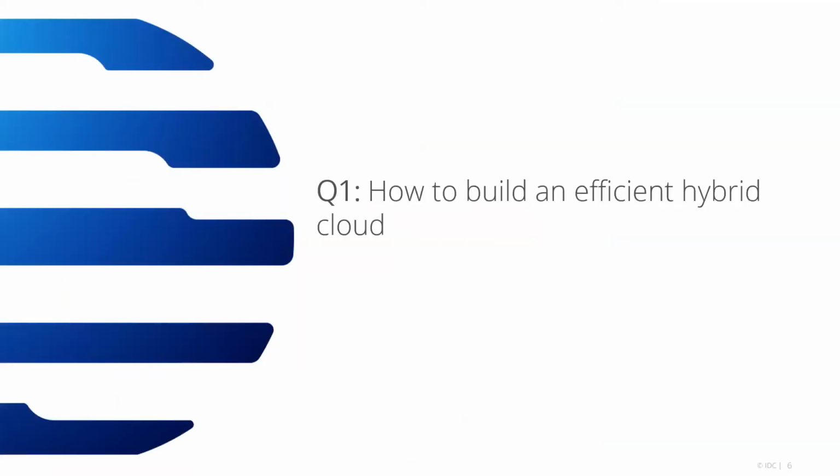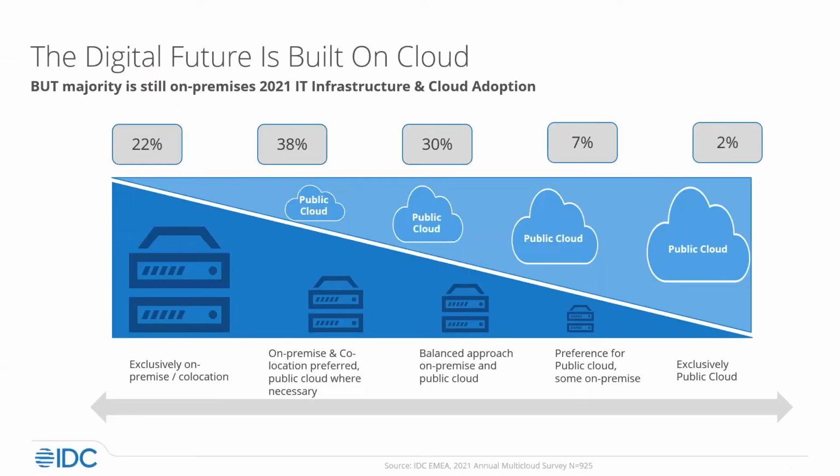And with that very short introduction, we are jumping right into the first discussion point, and that is how to build an efficient hybrid cloud. And that is a very important topic because if we look at where infrastructure and applications and data are being run at the moment, then you can see that it's still largely on premises. We have more than 60% of organizations who have a preference for on-prem IT.